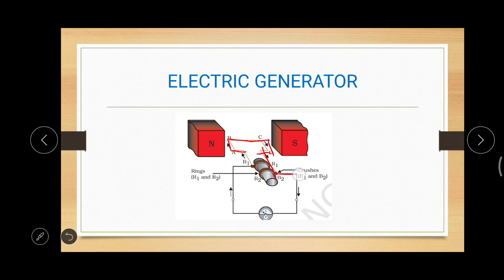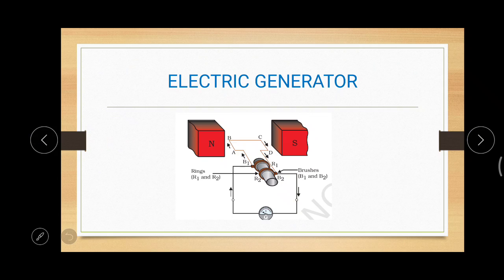From B2 it is moving like this, and it is coming to B1 and reaching B1 and again A. So inside the coil, or inside the generator, the current is passing from ABCD, and outside the coil the current is passing from B2 to B1. Okay, B2 to B1.